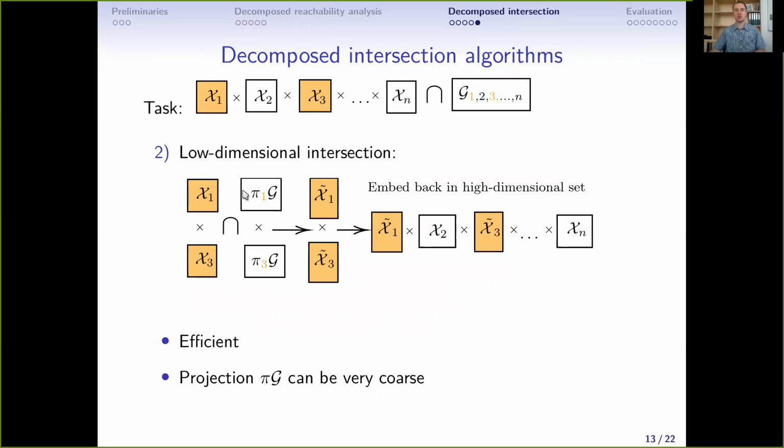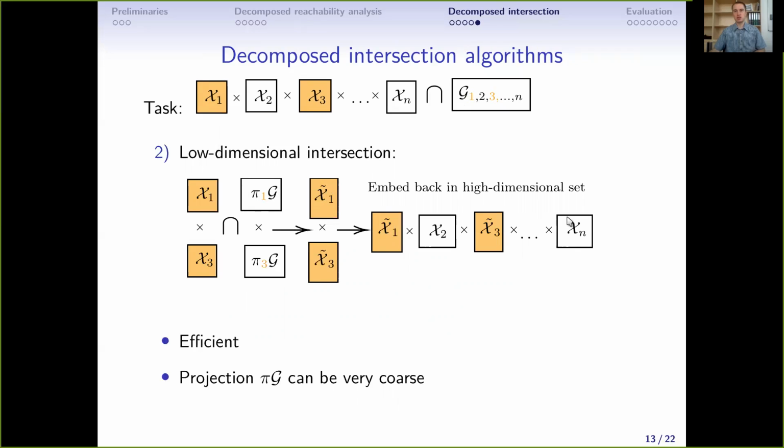So here's an alternative, the very low dimensional intersection. You just take this one dimensional part of X and you project G to the first dimension, and then you compute the intersection and you get a set X1 tilde. And you do the same for the third dimension.